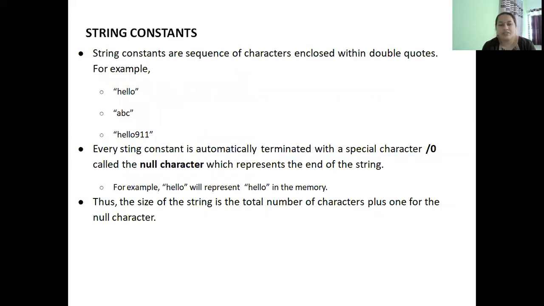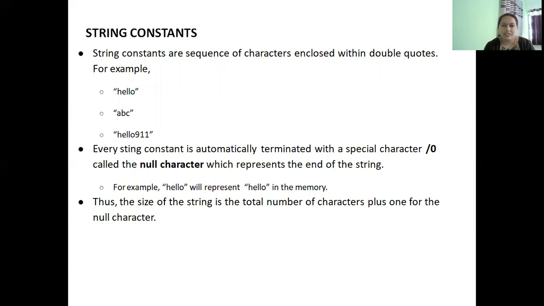The fourth type of constants is string constants. String constants are nothing but a sequence of characters which are enclosed in double quotes. For example, hello, ABC, hello 911, and so on.